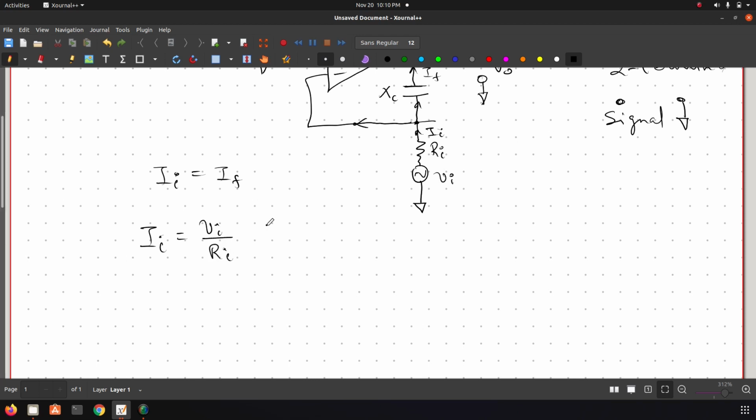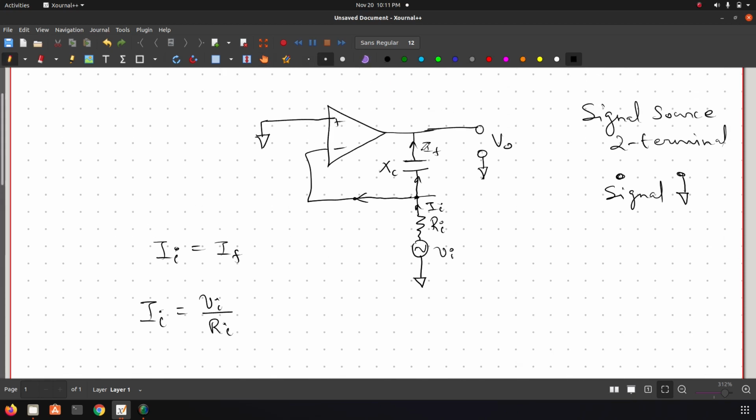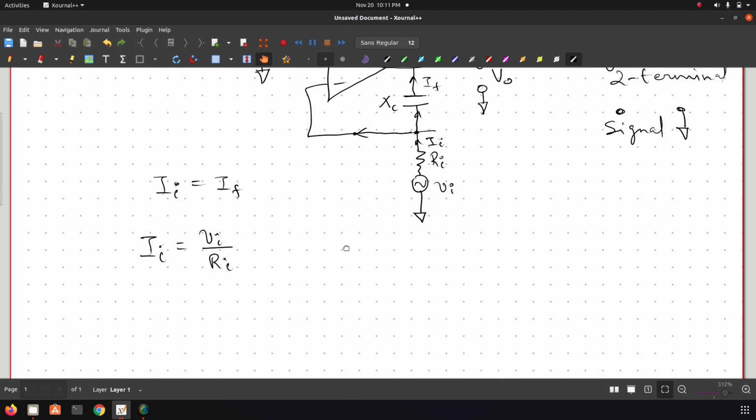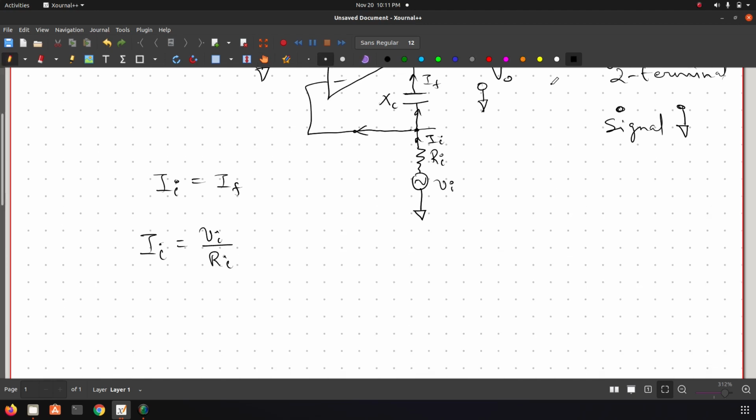By Ohm's law, that is the input current. For the feedback current we have to use the capacitor relation. For any capacitor, the capacitance C equals the charge accumulated divided by the potential difference across the plates.